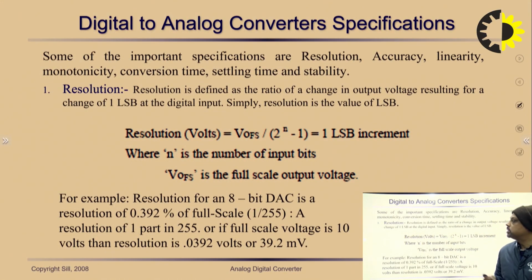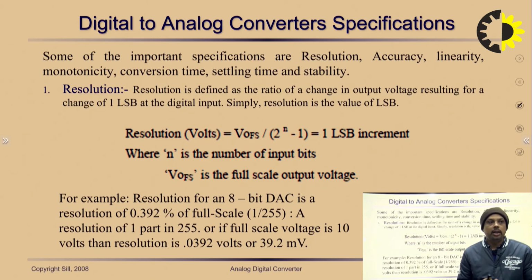So the first one is the resolution of the converter. So how much of the output analog voltage is going to change when a single digit, the least significant bit, in the digital input is going to be changed. That is known as the resolution of the digital to analog converter.